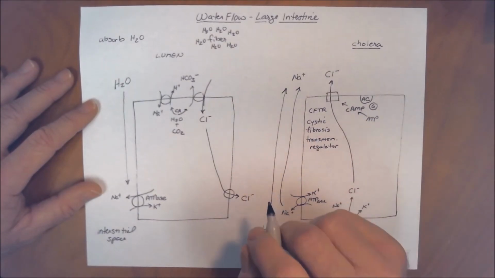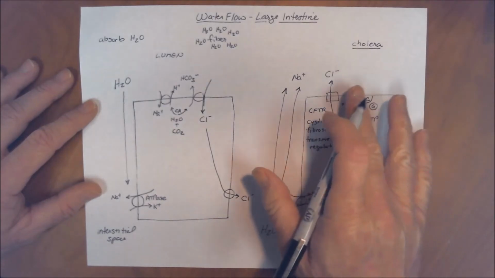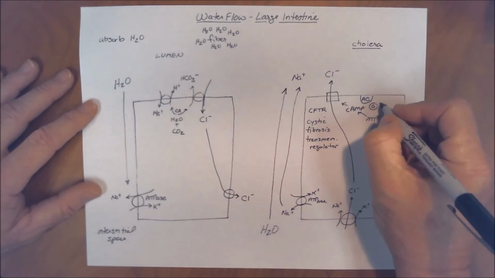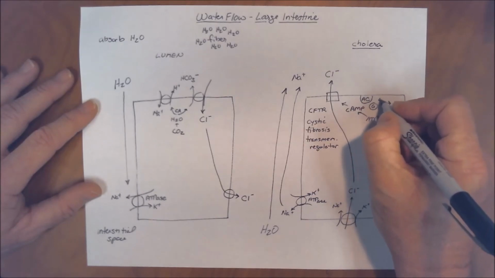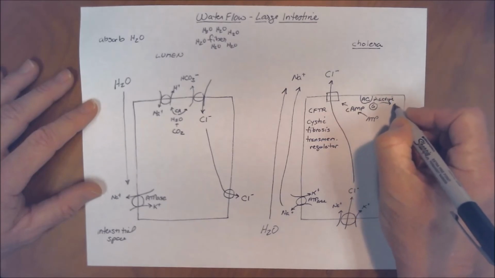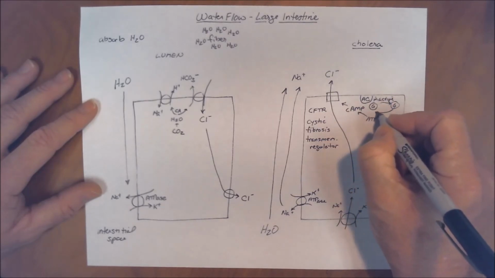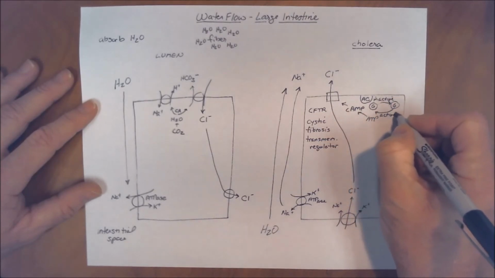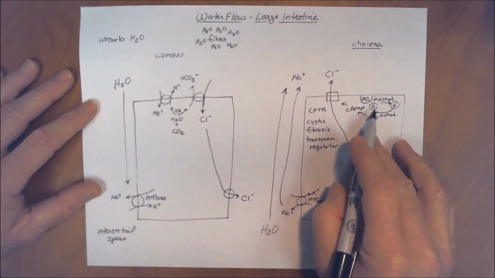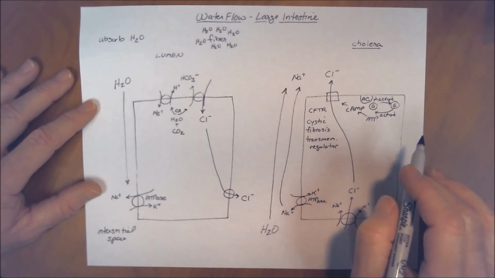Now, what happens in cholera? Under normal circumstances, the G protein will be cycling between active and inactive. And this will be dependent on receptors on the cell surface.